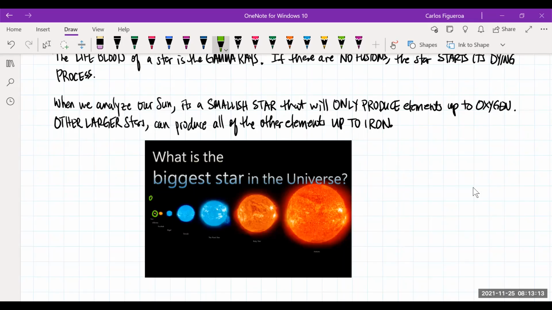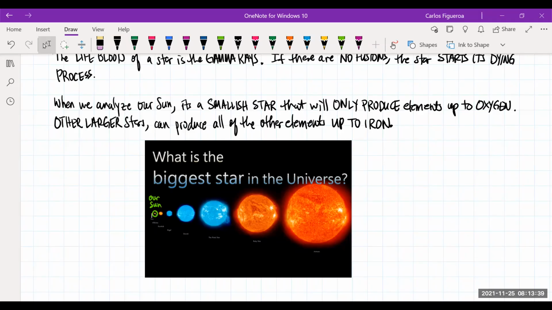And as you get larger and larger, you have different nuclear processes that come through. And as they come through, they can produce effectively most of the elements through nuclear fusion within them.